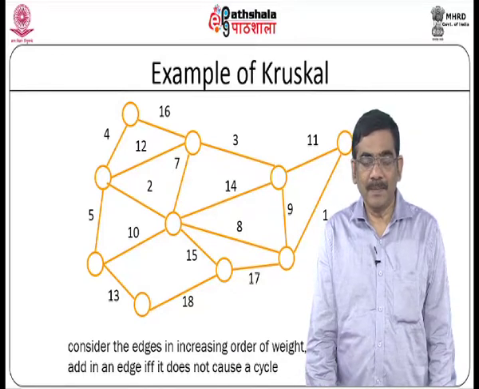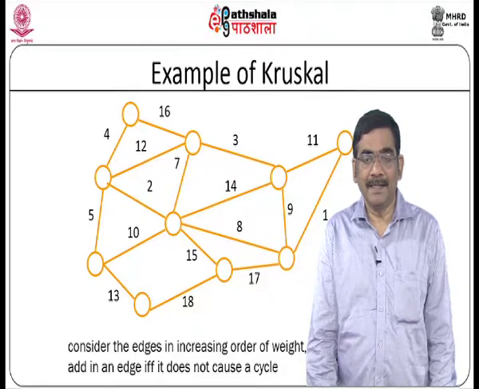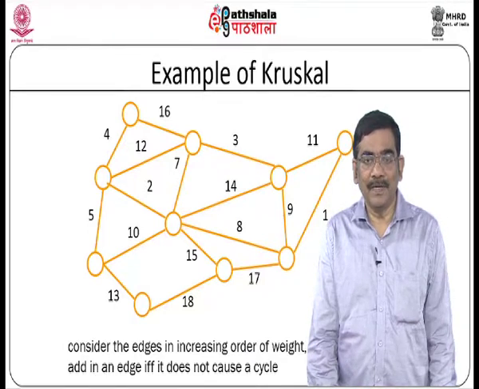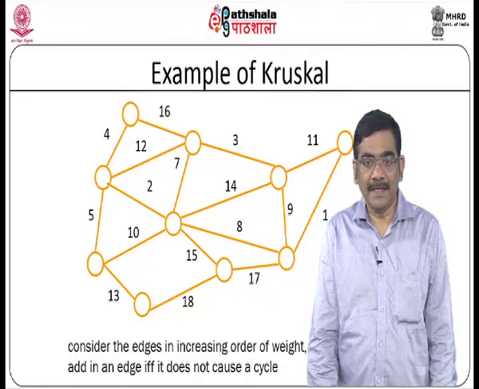The logic is very simple: just sort all the edges in ascending order. Then the selection criterion of the greedy algorithm is to look for the least cost and add that into the spanning tree, provided it does not create any cycle.